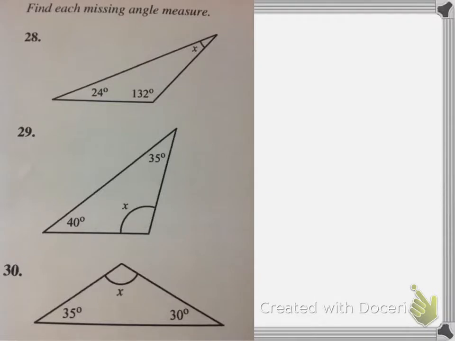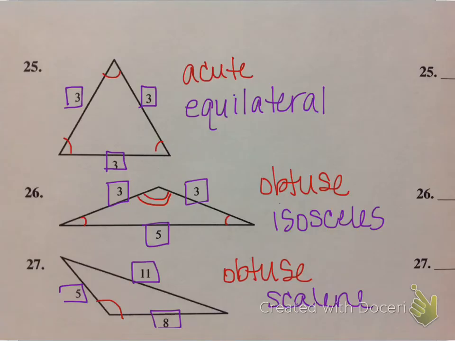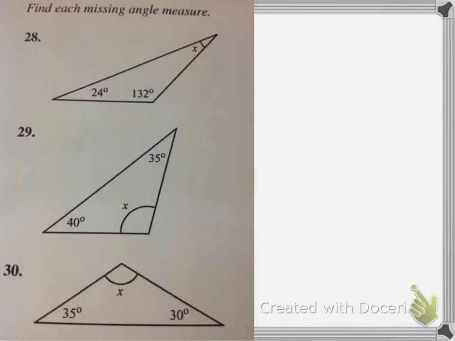Now, find the missing measure. So they're giving us two of the three, and we have to find the third. The thing you have to remember when you're finding the angles of a triangle is that the angles in a triangle total 180.